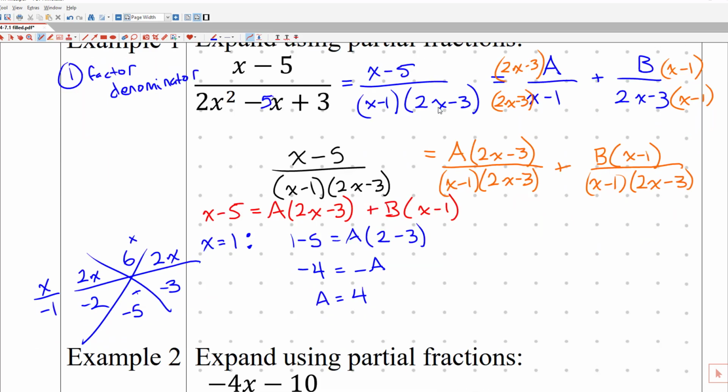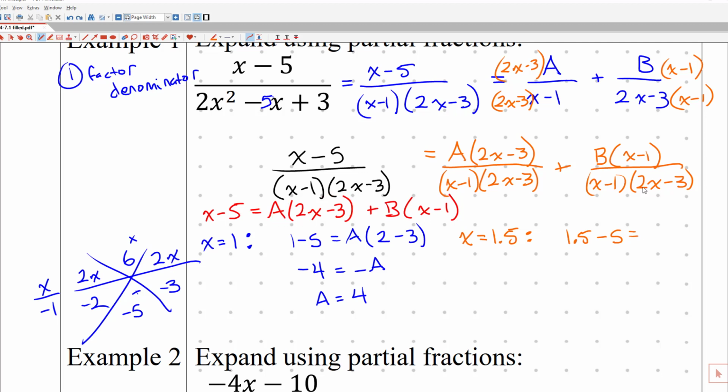Let's choose another nice value. So let's choose something that'll make this 0. It's a little bit harder to do, but if I choose 1.5, if I double 1.5, I'll get 3, and then 3 minus 3 is 0. So I'm going to say, what happens if x is equal to 1.5? Then my equation becomes 1.5 minus 5 is equal to, and this whole thing is gone now, right?